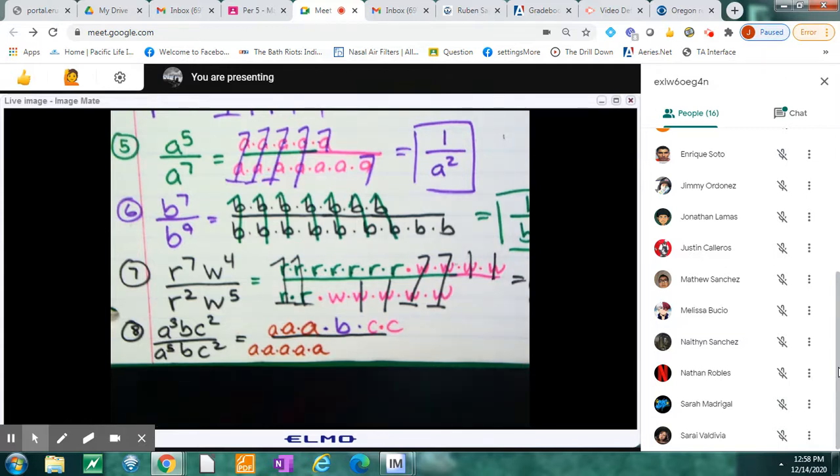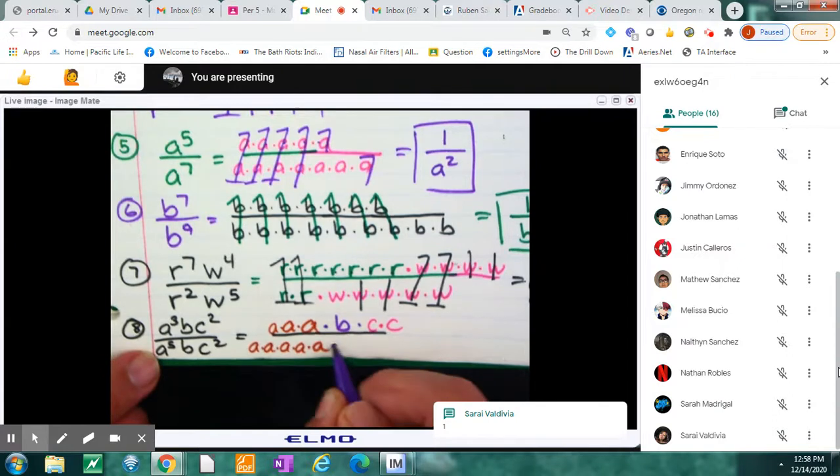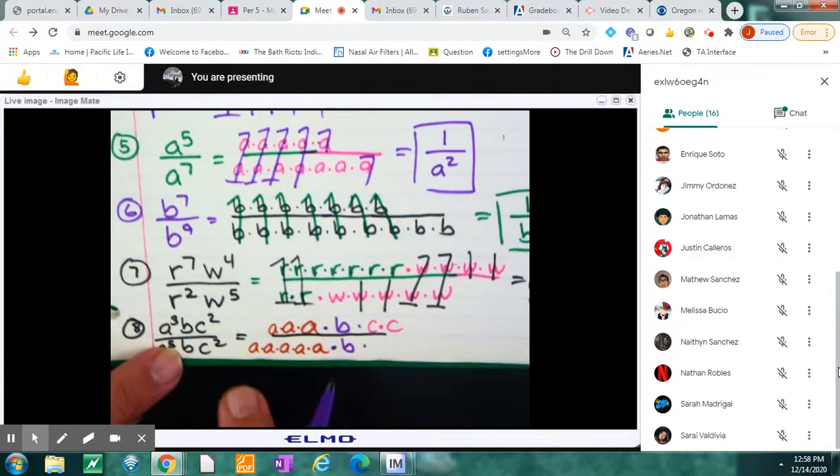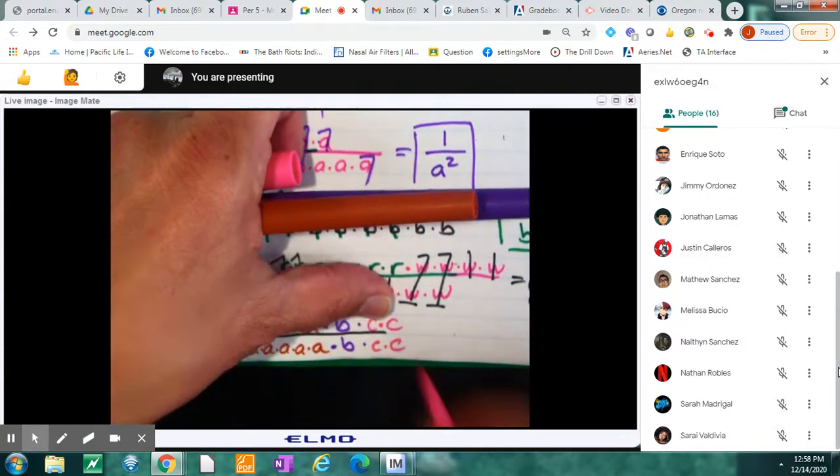Okay. Sarai, how many B's? 1. So I'm just going to put 1 B, right? And then C squared. C squared is 2 of them, right? Multiply 2 of them. So 1, 2.